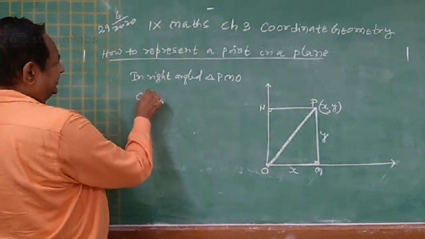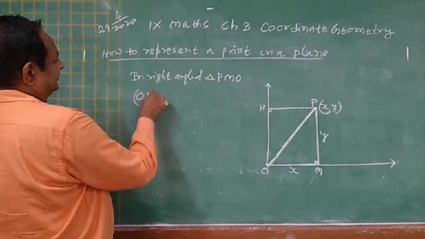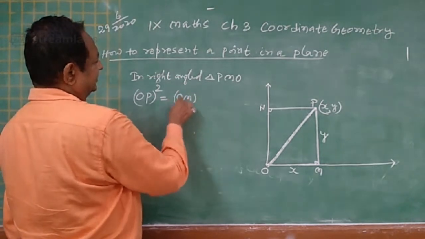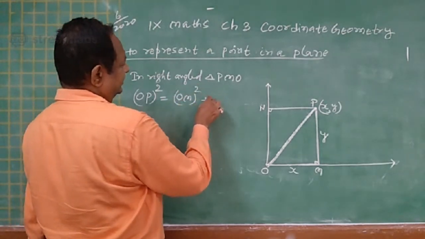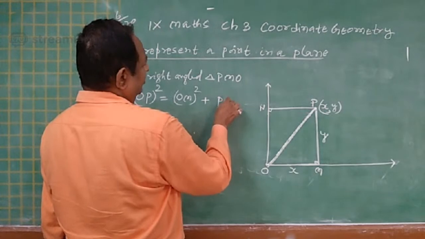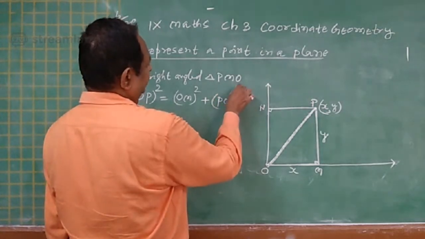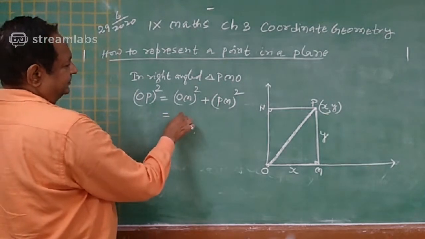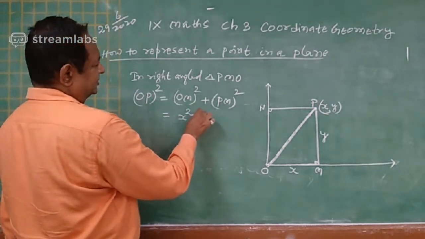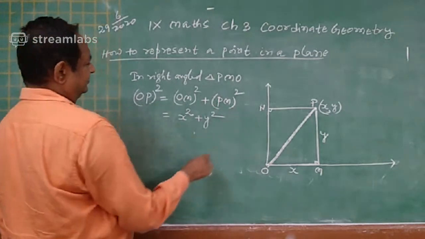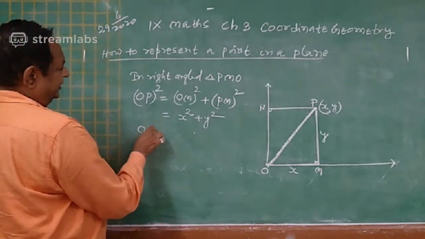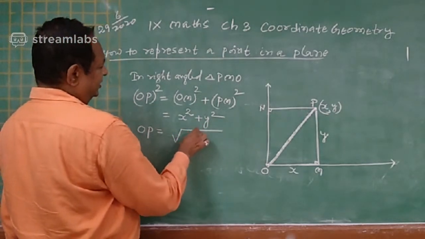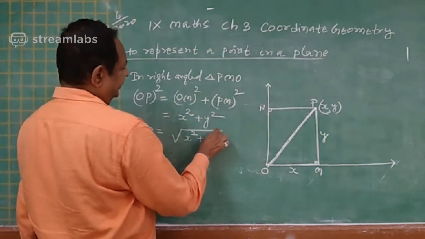So we can write OP square is equal to OM square plus PM square, which is x square plus y square, or OP is under root x square plus y square.